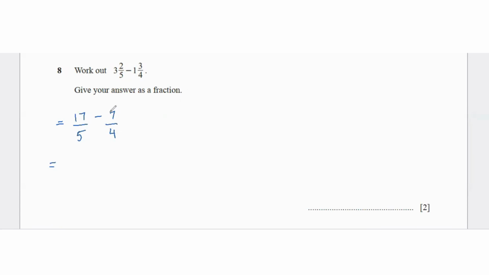So I'm going to multiply the first fraction by 4 and the second fraction by 5. Now we'll have 68 over 20 minus 35 over 20. Now that we have same denominators, we can subtract the numerators, and that gives us 33 over 20.